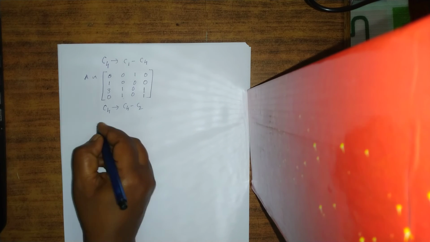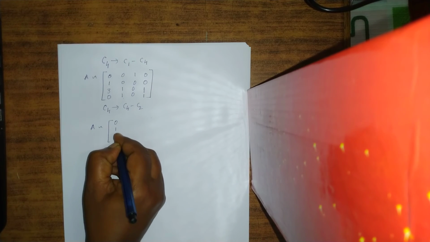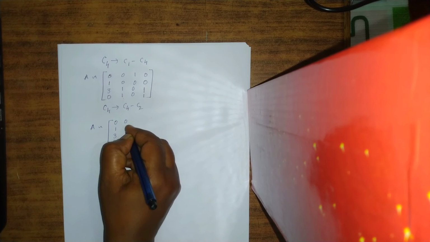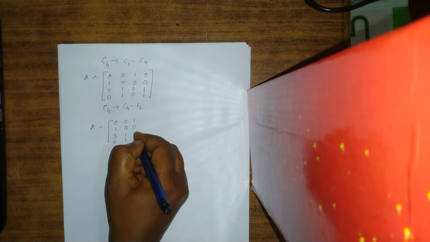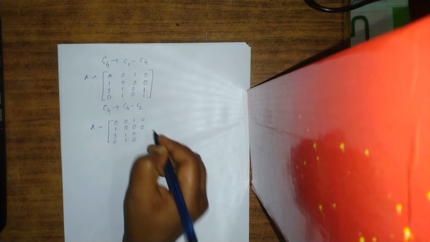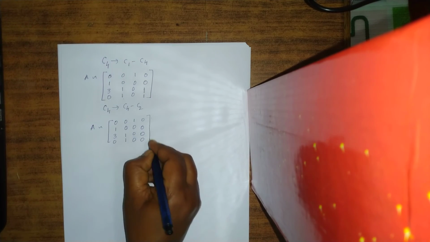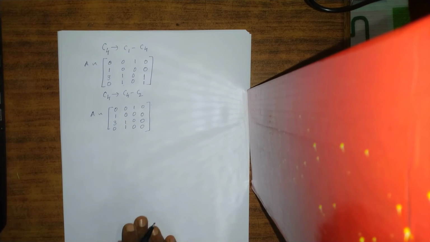So A becomes: the first column as it is, 0, 1, 3, 0. The second column also as it is, 0, 0, 1, 1. Third column also as it is, 1, 0, 0. And the fourth column, 0 minus 0, 0, 0 minus 0, 1 minus 1 is 0 and 1 minus 1 is 0. So all the four zeros you can see in the last column.